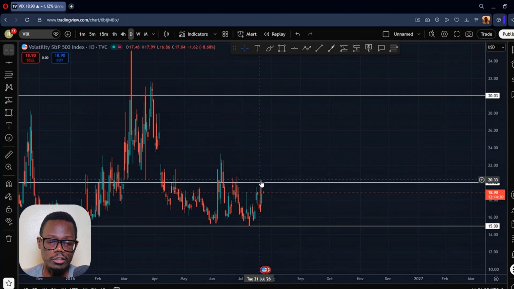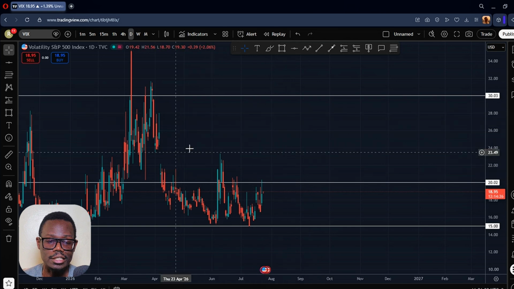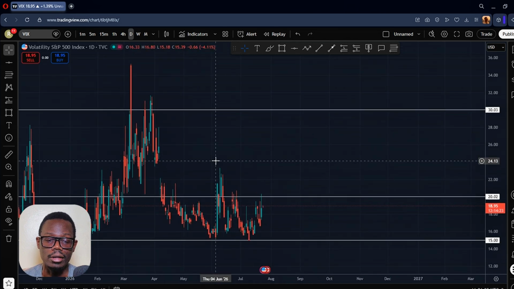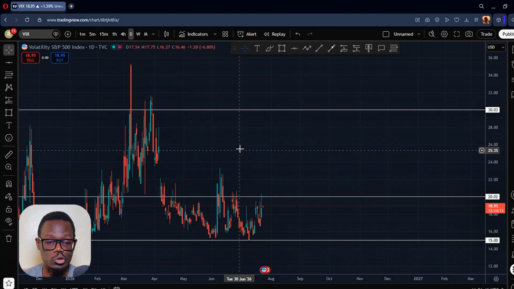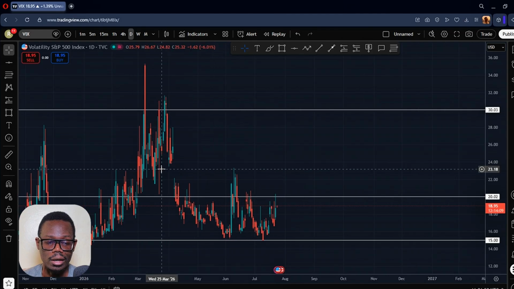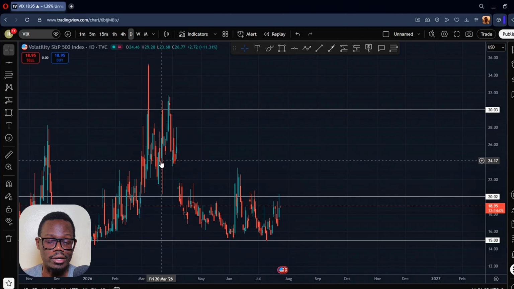Now, when the VIX is above 20 to 30, this usually signifies uncertainty. Options tend to be more expensive around this area. Moves happen a lot. It's considered a dangerous level to trade, because as you can see what happened over here in March, the moves were very, very unpredictable.